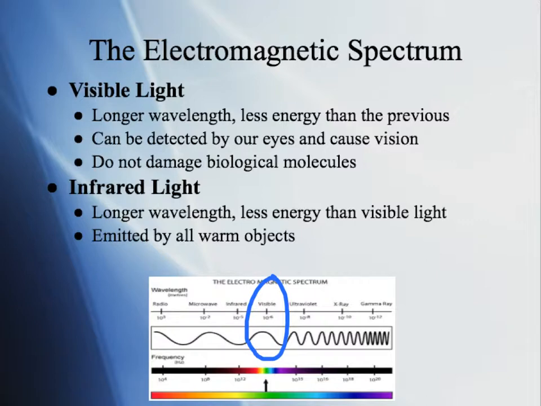Let's take a look at infrared. Infrared has longer wavelengths than visible light, so it carries less energy than visible light. Basically, every warm object emits infrared. You may have seen infrared pictures or infrared cameras where the red part of the picture is something really warm, and it goes to orange and yellow, and blue is the coldest.